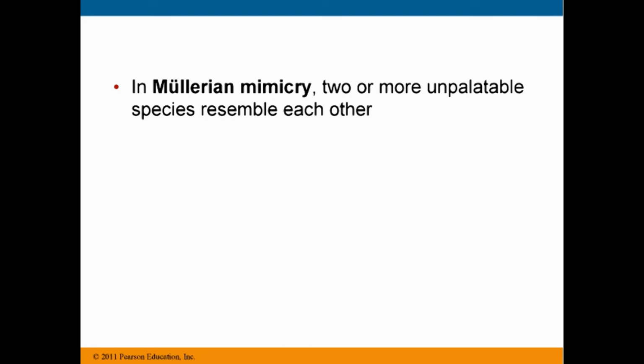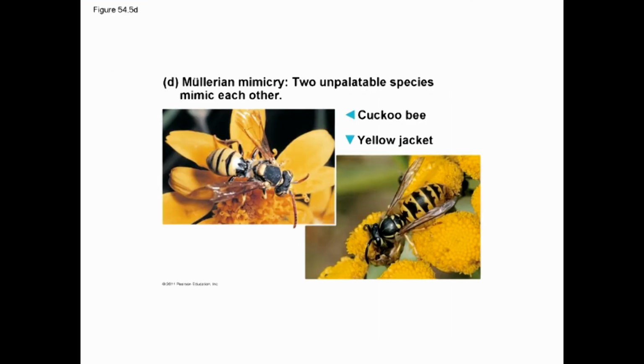Mullerian mimicry is the second type. In Mullerian mimicry, you have two or more unpalatable species that resemble each other. So in this particular case, you've got a cuckoo bee and a yellow jacket that have very similar patterns, okay, the black and yellow patterns, and very similar shape as well.